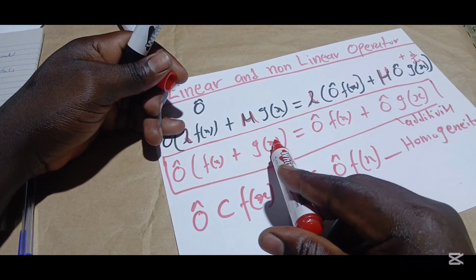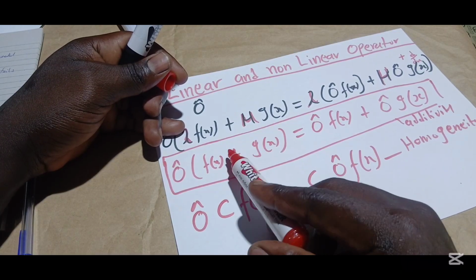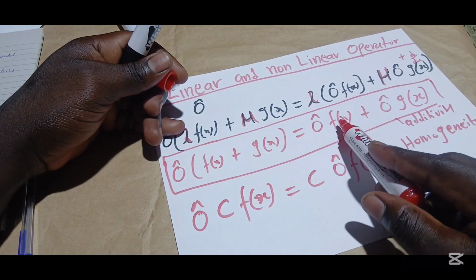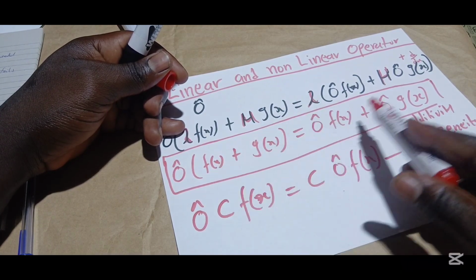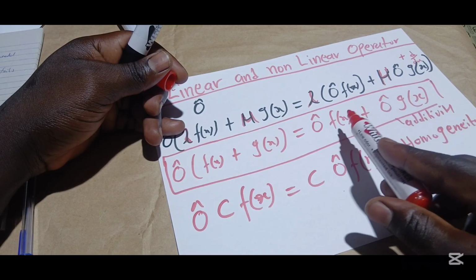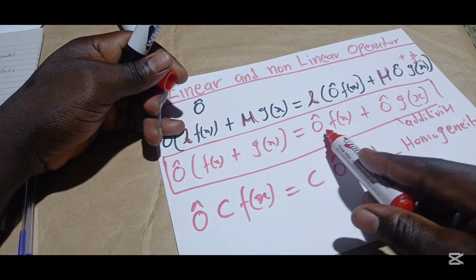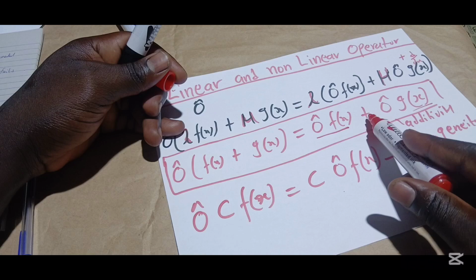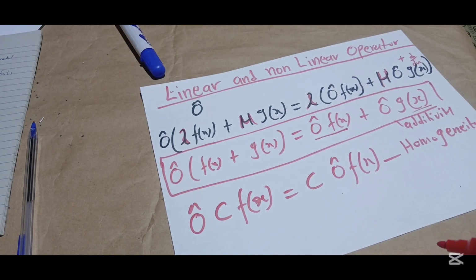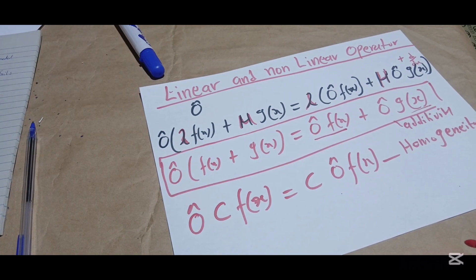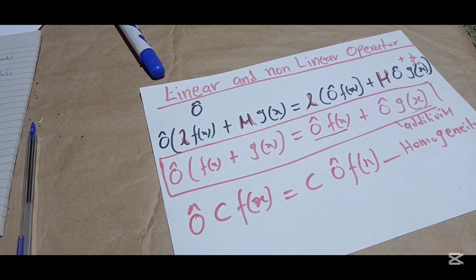If you operate this on these functions, the result should be the sum of the operator operating on each of the functions, f of x and g of x. So an operator is said to be linear if it obeys these two equations.